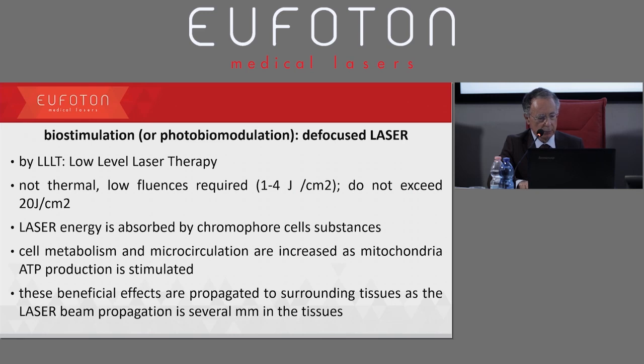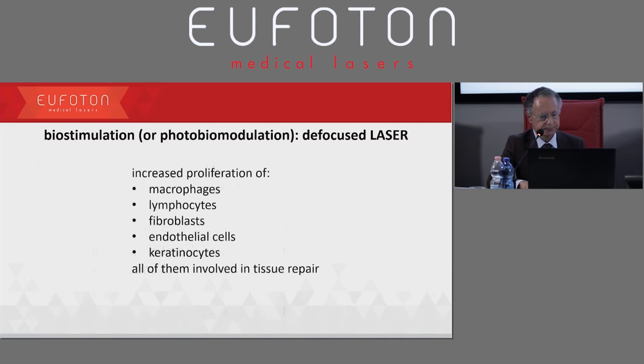As you can see, cell metabolism is increased, microcirculation is increased, as is mitochondrial production. And these effects are also beneficial because they are propagated to the surrounding tissues, and if we treat areas which are not widely extended, we can suppose that the effect will be propagated to neighboring areas.